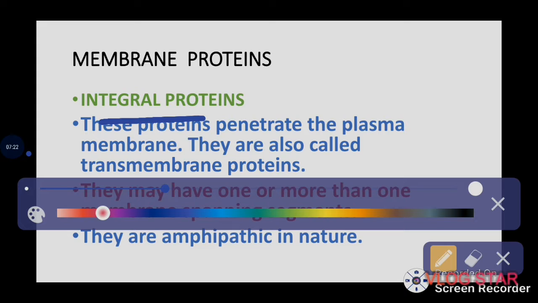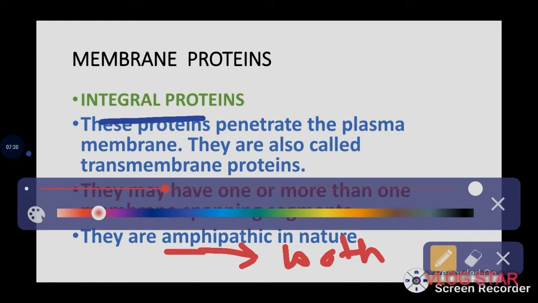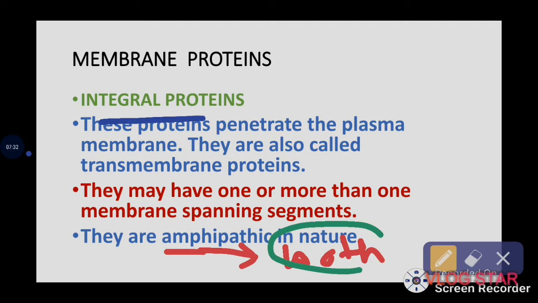Let me take another color. Amphi means both, and pathos means region. So one is hydrophilic region, and the other is hydrophobic region. And it is very easy to guess which portion would be hydrophobic.